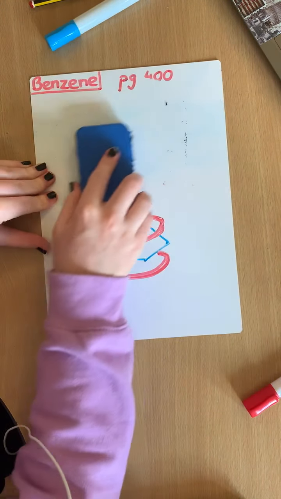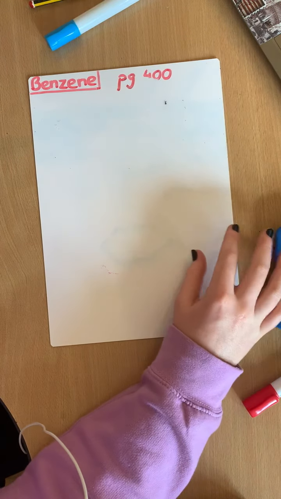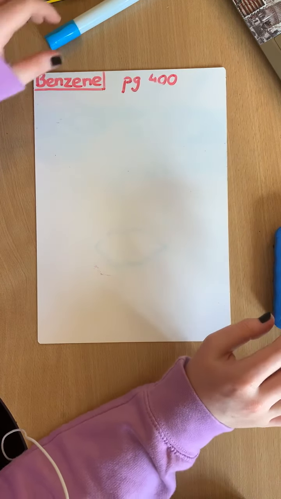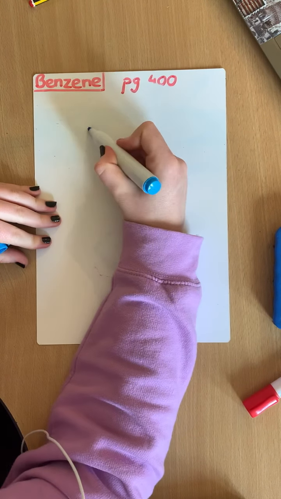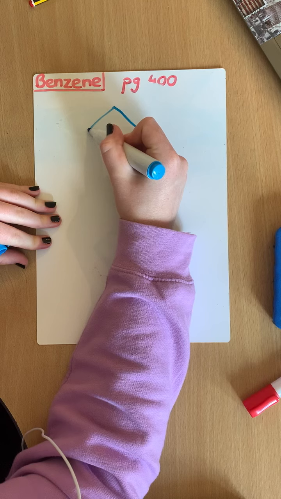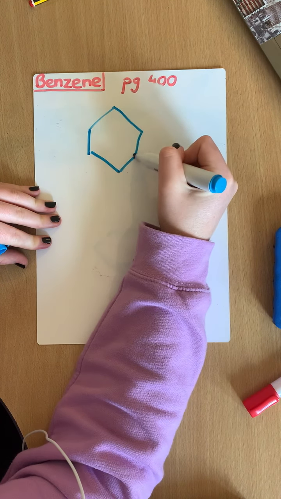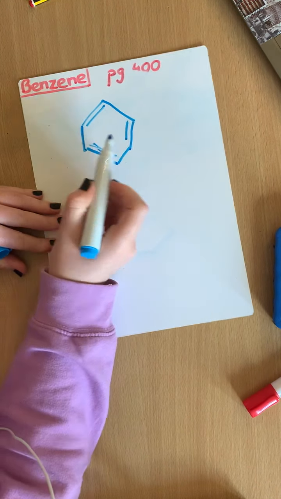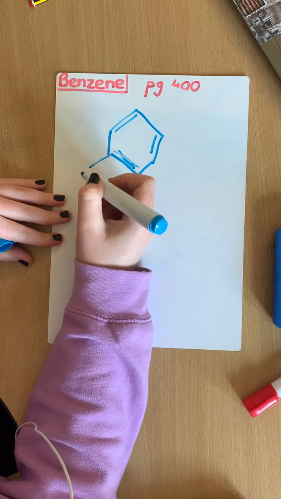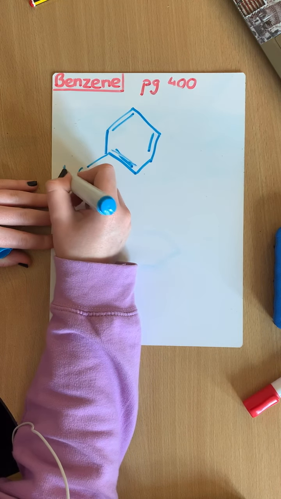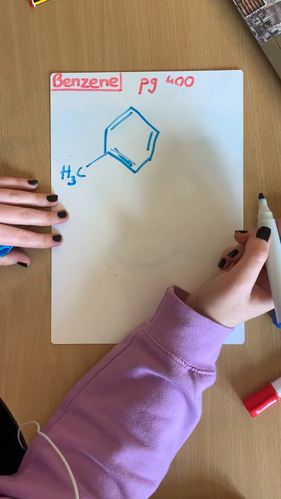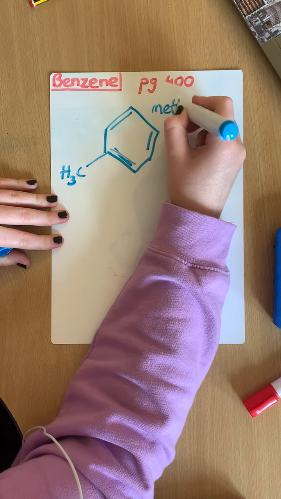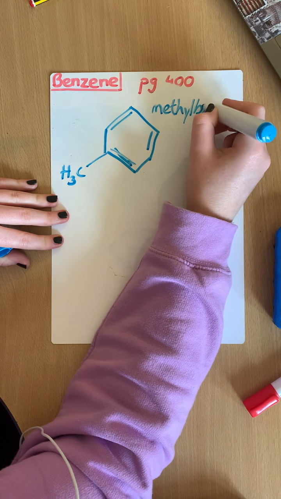Okay, so moving on from the structure of benzene, we're going to look at the structure of methylbenzene and also ethylbenzene. All you need to know is that methylbenzene looks like this. It's just a benzene ring with a CH3 off of one of the carbons. So that's methylbenzene. I'll just write that in here. Methylbenzene.